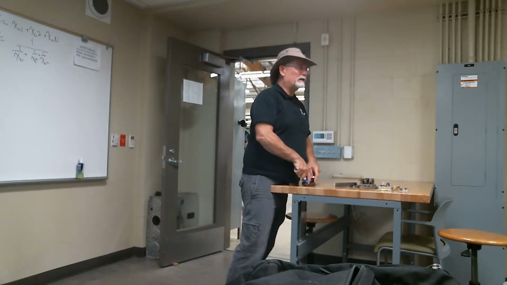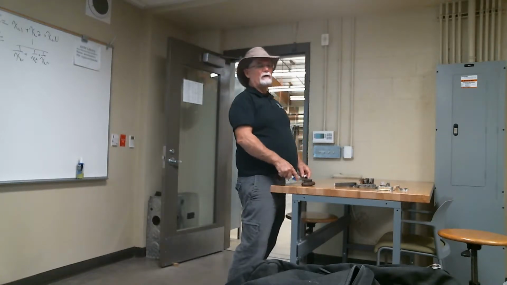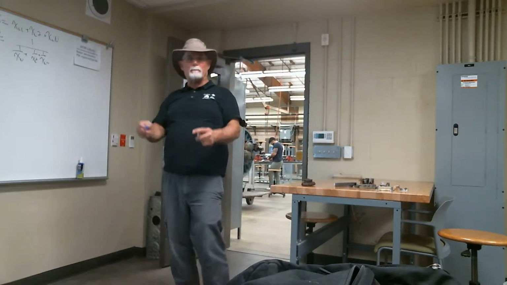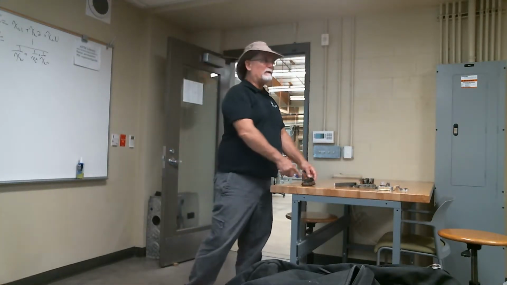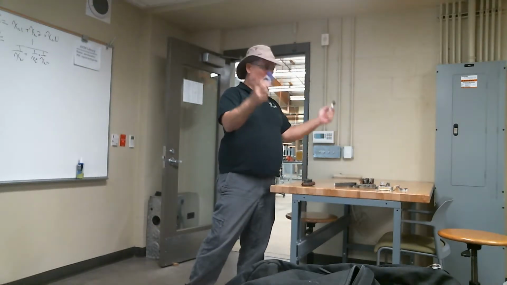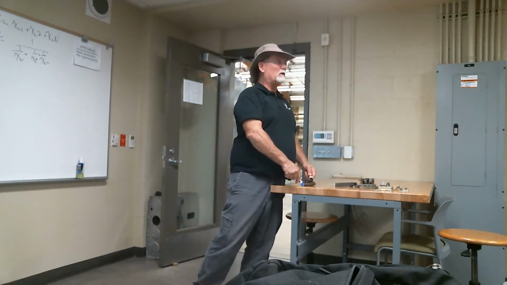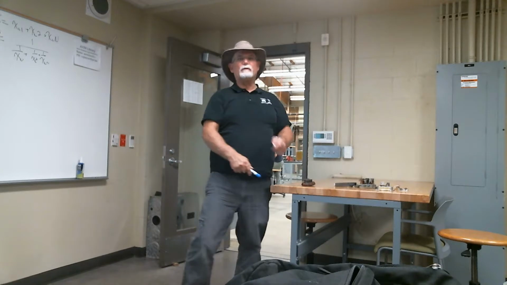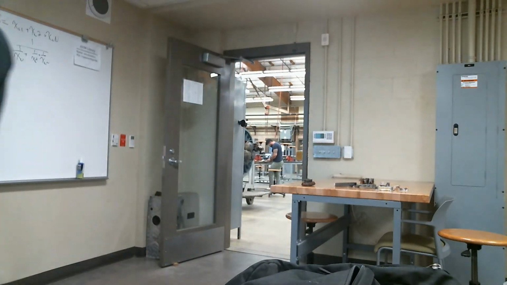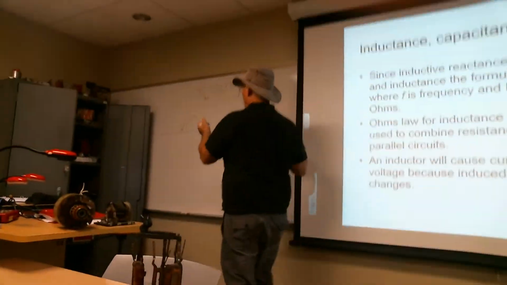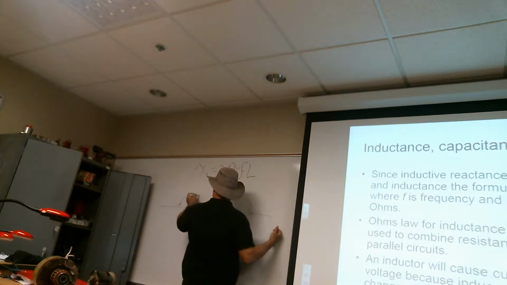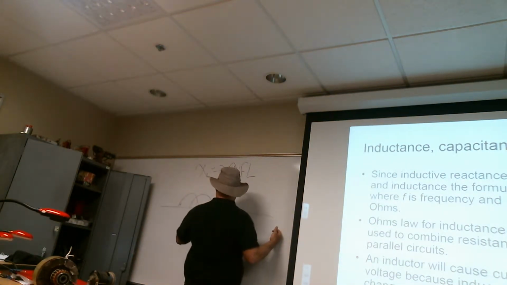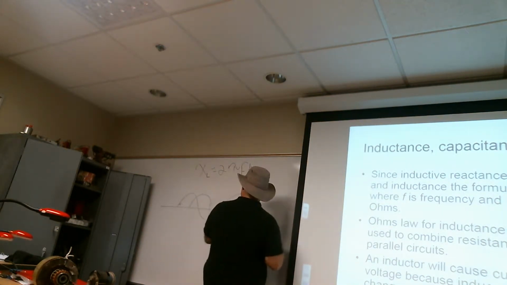It says, I'm not going to build up because I'm slowing down. So the current buildup isn't going to be instantaneous. Voltage, 100 volts, boom, I got 100 volts across that coil. Current's going to start coming up kind of slowly. So the current is going to come on, lag, sort of out of phase somewhat.